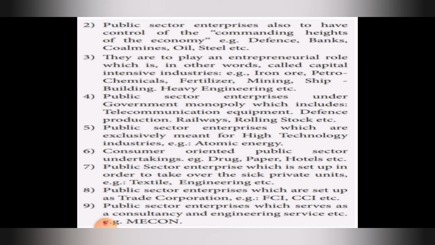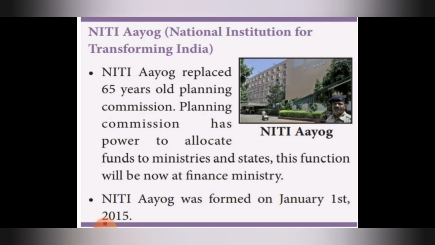Examples are textile, engineering, etc. Eighth, public sector enterprises set up as trade corporations. Examples, FCI, CCI, etc. And the last one, public sector enterprises which serve as consultancy and engineering services. Example, Mecon.